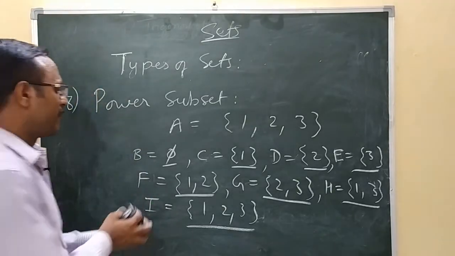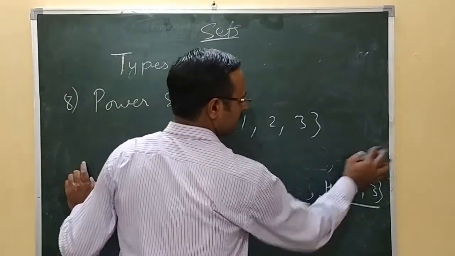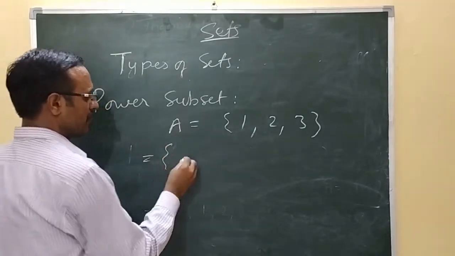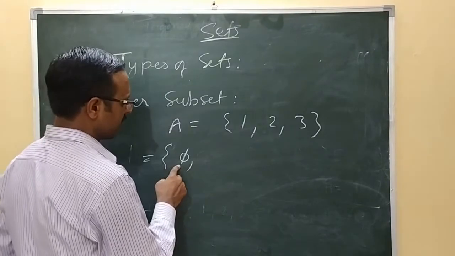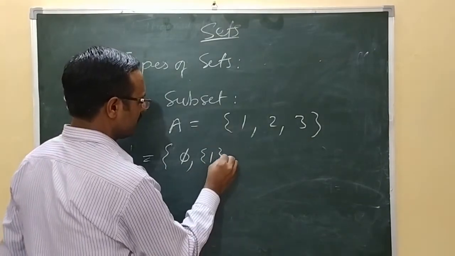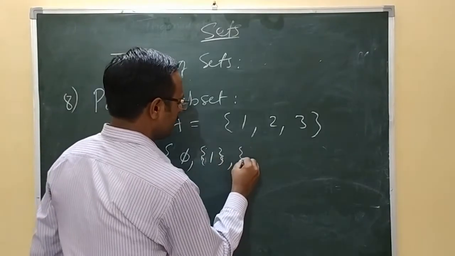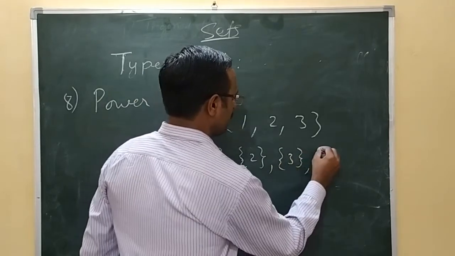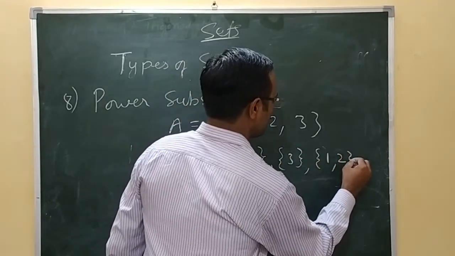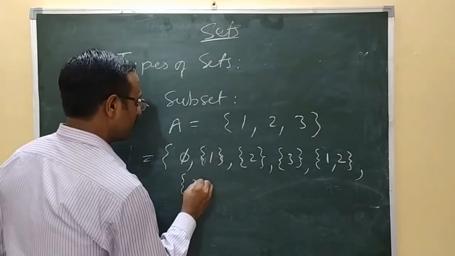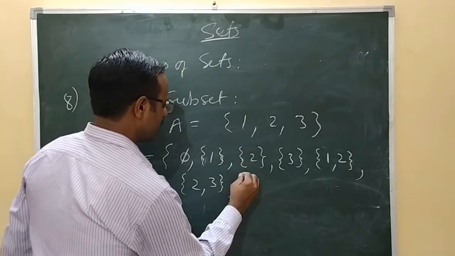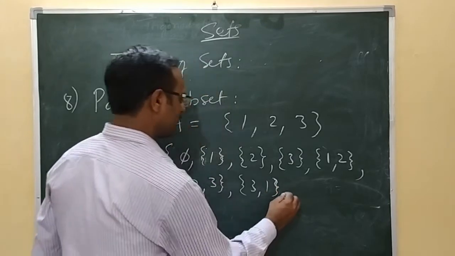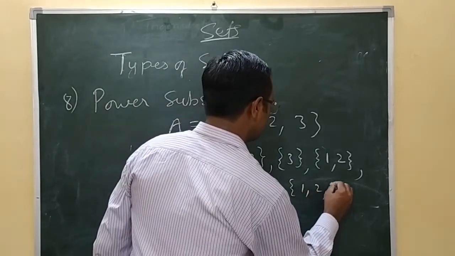So if I form a set which contains all the possible subsets, that is the empty set, then {1}, then {2}, {3}, then {1, 2}, {2, 3}, {3, 1}. So I have taken two elements. Last, I will take all the 3 elements.